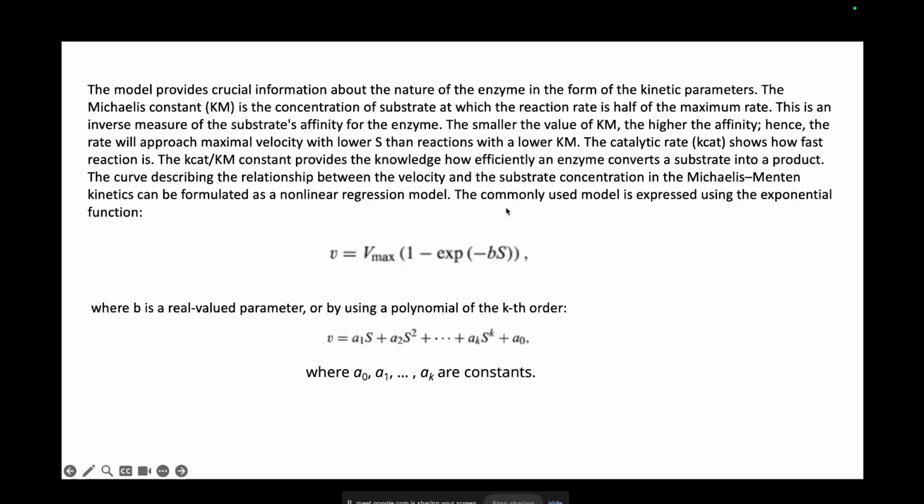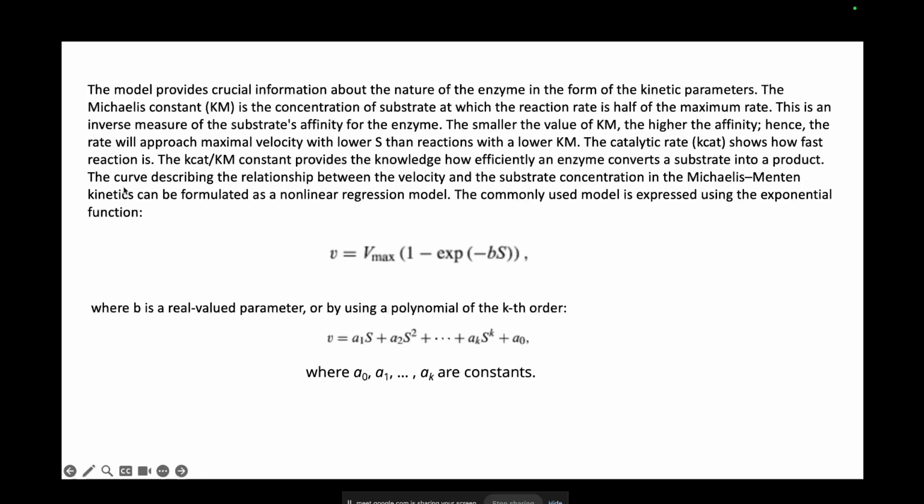And the catalytic rate Kcat, which is the last part of the equation, shows how fast the reaction is. Kcat by Km is also a constant, and it provides knowledge on how efficiently an enzyme converts a substrate into a product. The curve is not here, but I hope you remember it, or you can just do a Google search. It's just an exponential curve with a stagnation after a certain point.